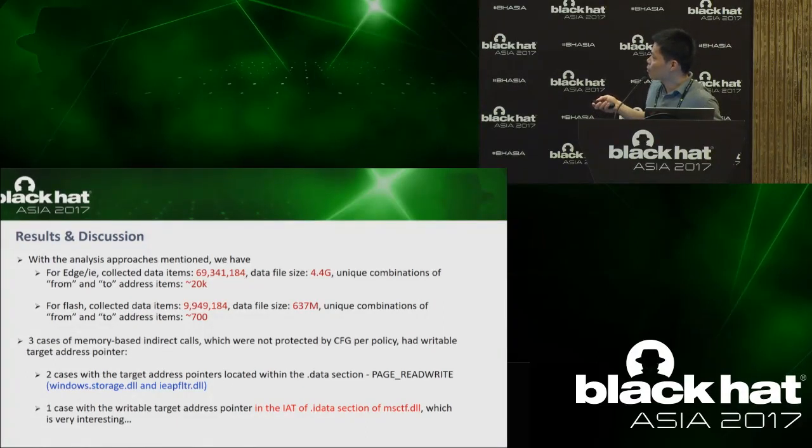So we found three cases out of, if you add them up, 100 million indirect calls. Those 3 cases of memory-based indirect calls had a writable function pointer, so they were not protected by CFG as per policy.